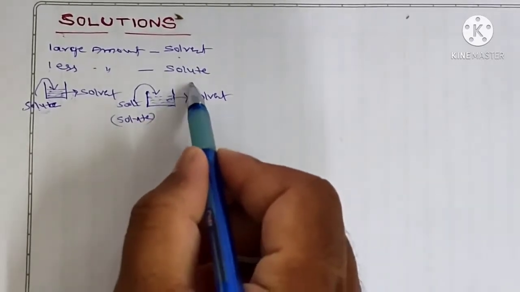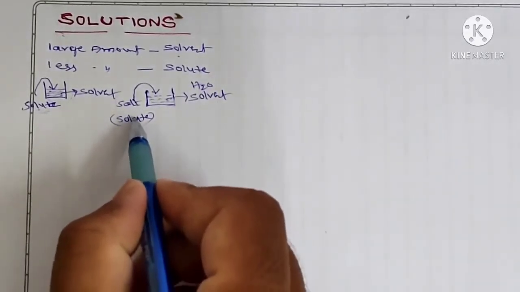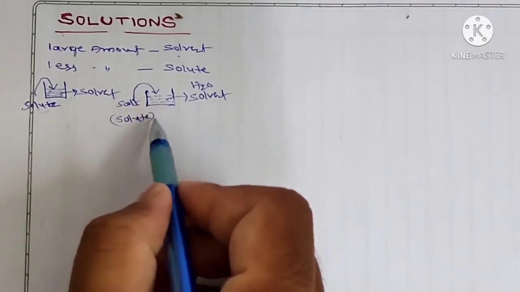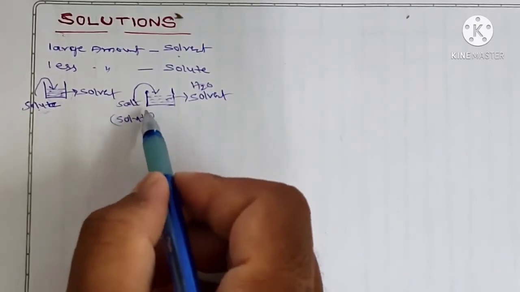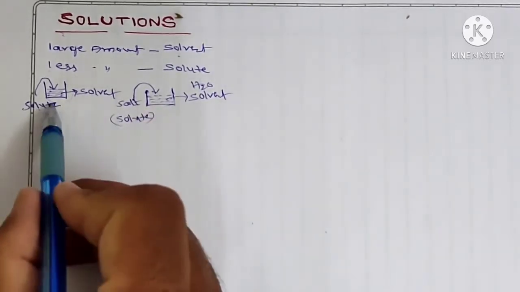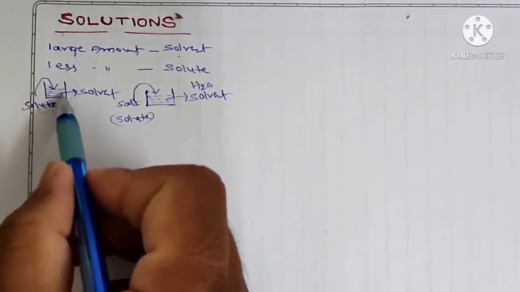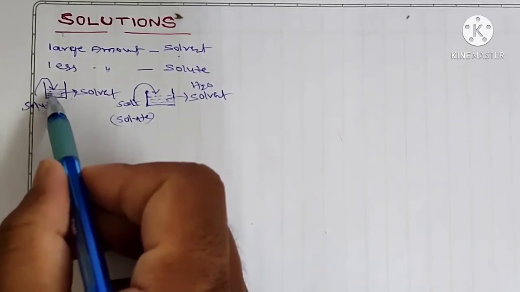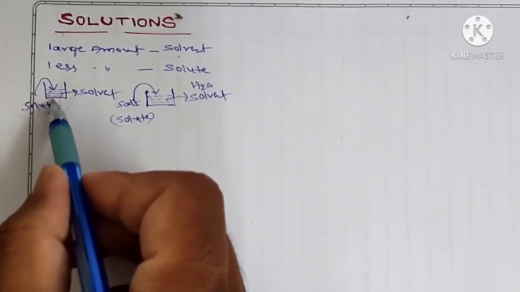Salt is a solute and water is a solvent. So the salt completely dissolves in the water, then we are getting the salt solution. And here that sugar completely dissolved in the water, so then we are getting the sugar solution. Here salt solution and here sugar solution.